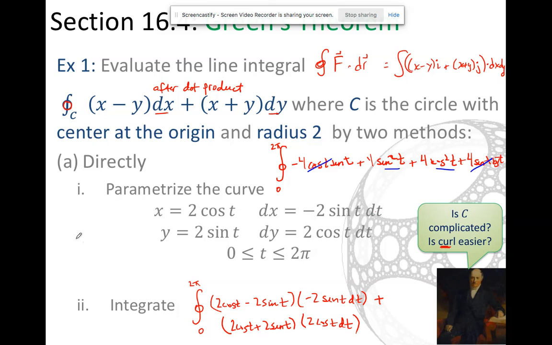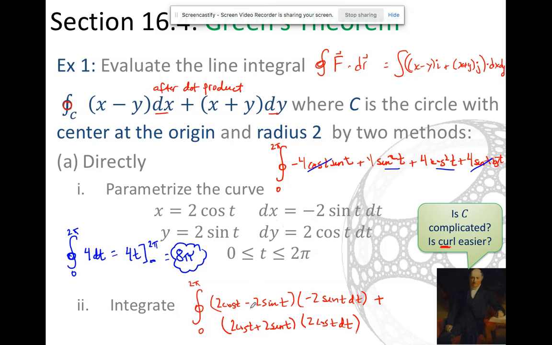So I end up just integrating 4 dt, which is 4t from 0 to 2 pi, which equals 8 pi. And my curl is positive, so I must be going around counterclockwise.